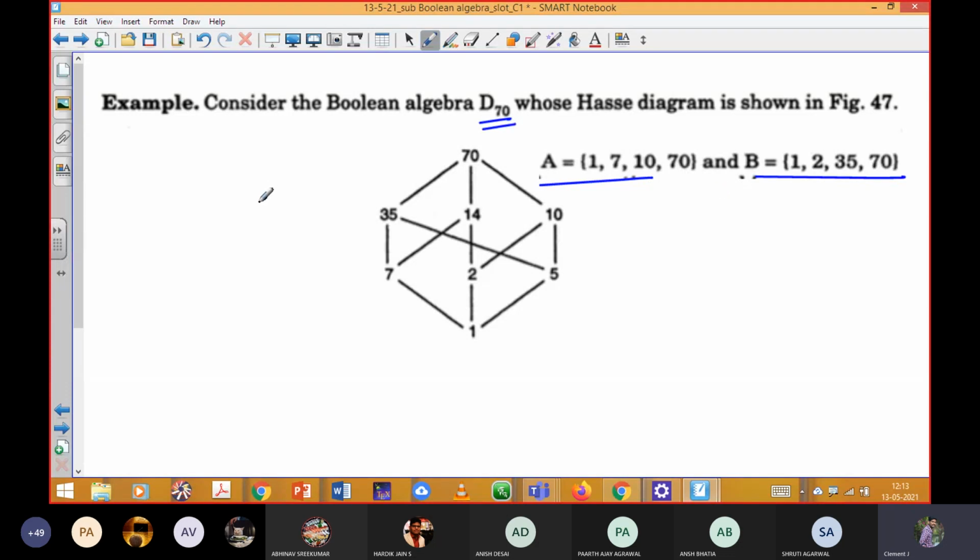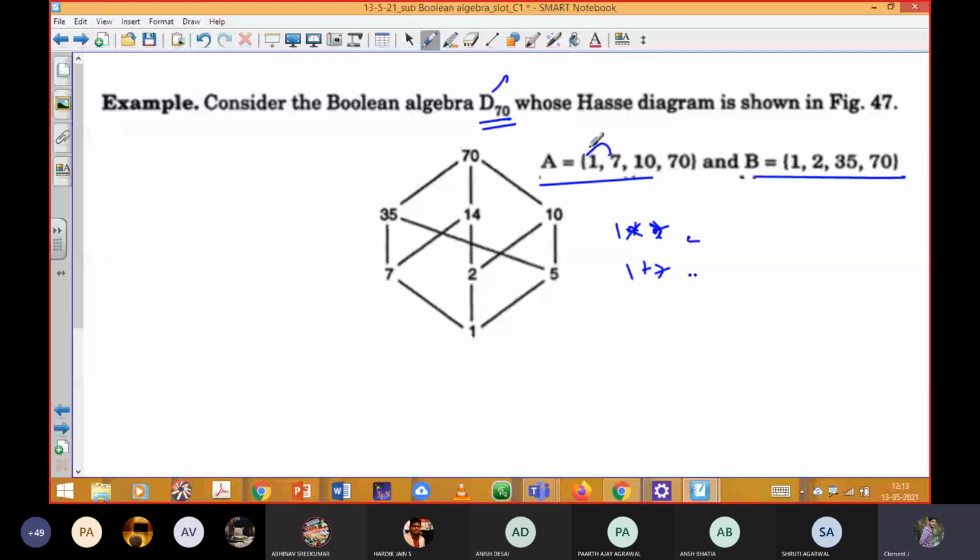The simple question asked is to check whether A and B are sub-Boolean algebras or not. Your task is assigned here. You need to apply 1 star 7. My pen is not working. I don't know why. Anyway, 1 plus 7. In the same way, you need to apply all the pairs.